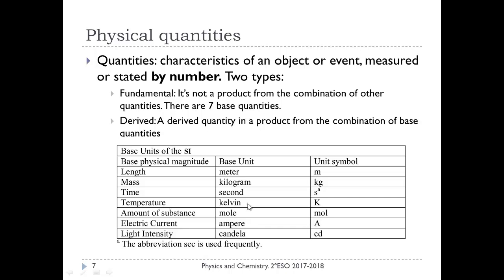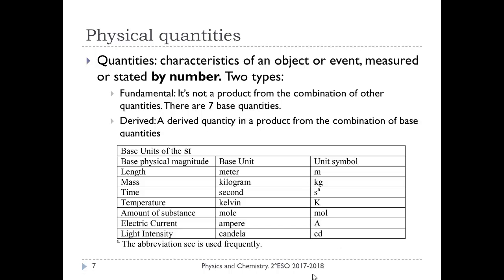Temperature is measured in Kelvin, not Kelvin degree, and its symbol is a capital K. The amount of substance is measured in moles, and the symbol is mol. The electric current is measured in amperes, and its unit and symbol is A. And finally, the light intensity is measured in candelas and has a symbol cd.